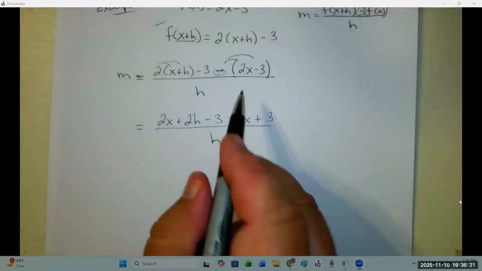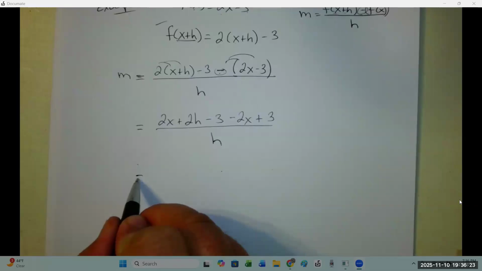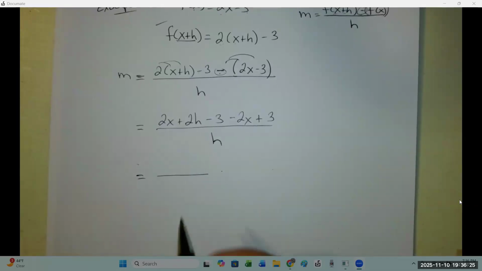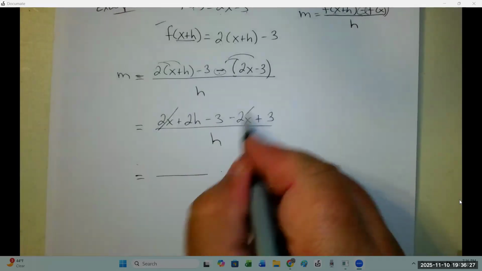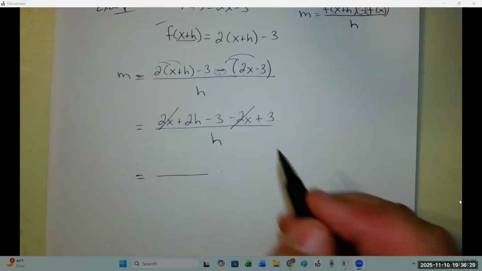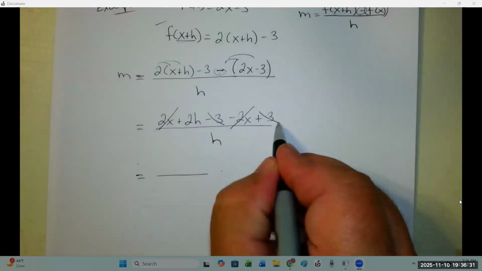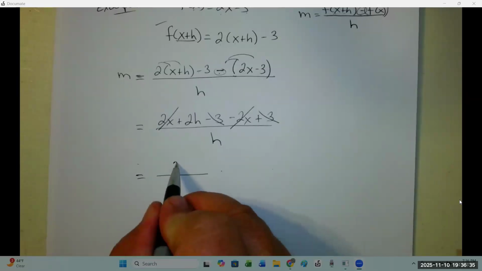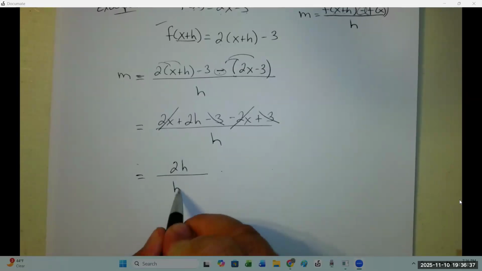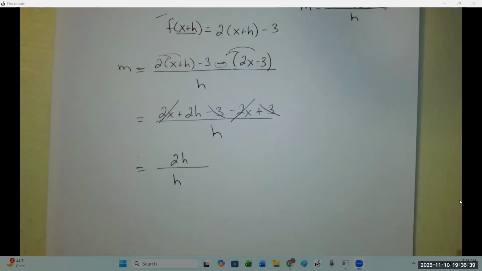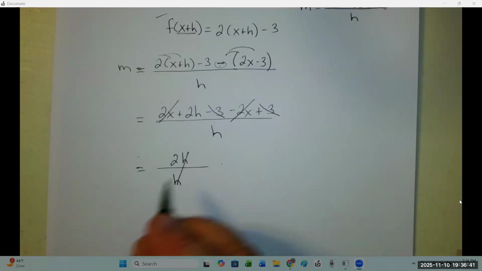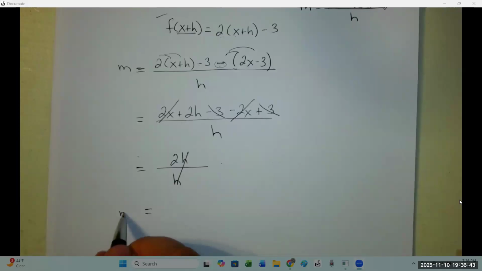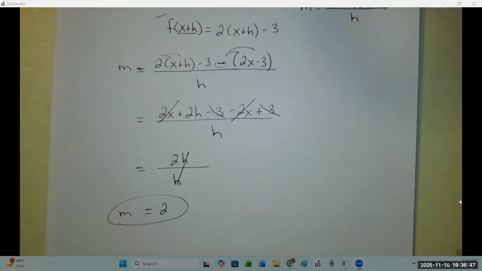All the parentheses are gone, so the next step is combine like terms. The 2x and the negative 2x cancel. The negative 3 and the positive 3 cancel. So all we have left is 2h over h. The h's cancel, and we see the slope is 2.